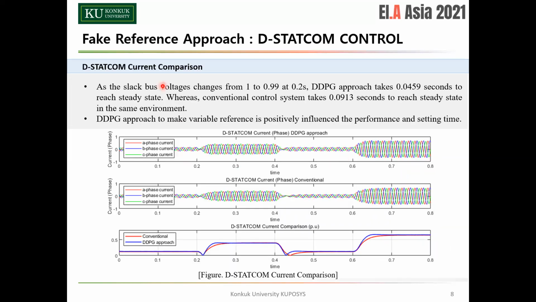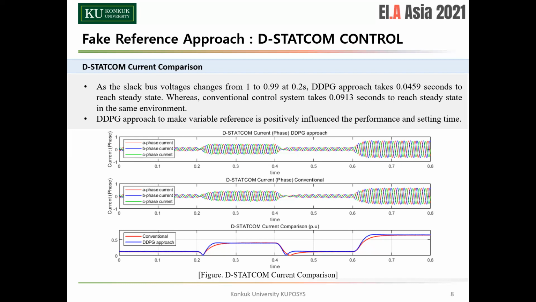In this scenario, both the conventional method and the DDPG approach guarantee voltage stability through reactive power control, which means the current transient response is improved. In the control system, the settling time, which is required for the response to reach and stay in steady state within a specified range of 2% to 5% of its final value, is the crucial criterion in determining control performance.